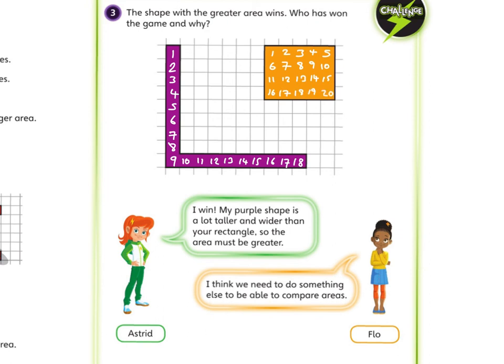So actually Flo's shape was bigger. So Flo won the game, but why did she win the game and how do we know? So looking at both shapes, it wasn't clear at first, but it was very important to count the number of squares to find out the greater area.